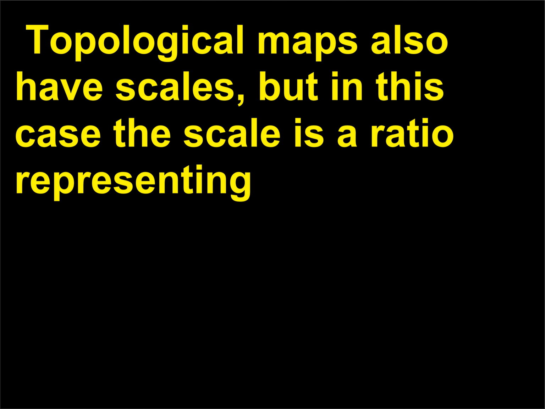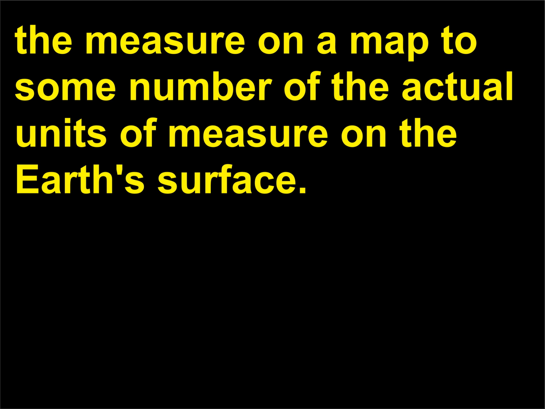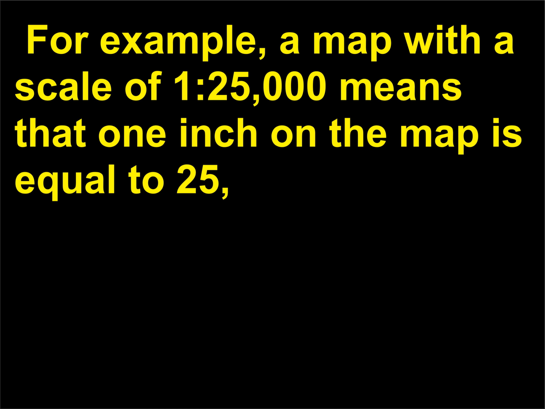Topographic maps also have scales, but in this case the scale is a ratio representing the measure on a map to some number of the actual units of measure on the Earth's surface. For example, a map with a scale of 1:25,000 means that 1 inch on the map is equal to 25,000 inches on the ground.